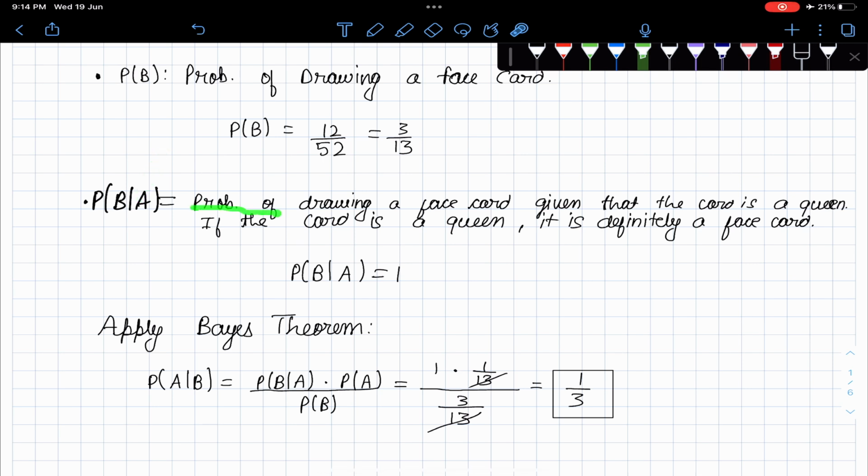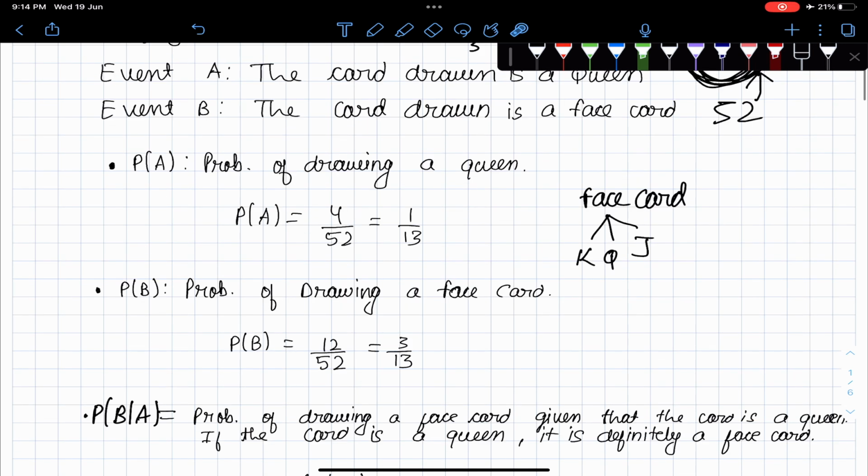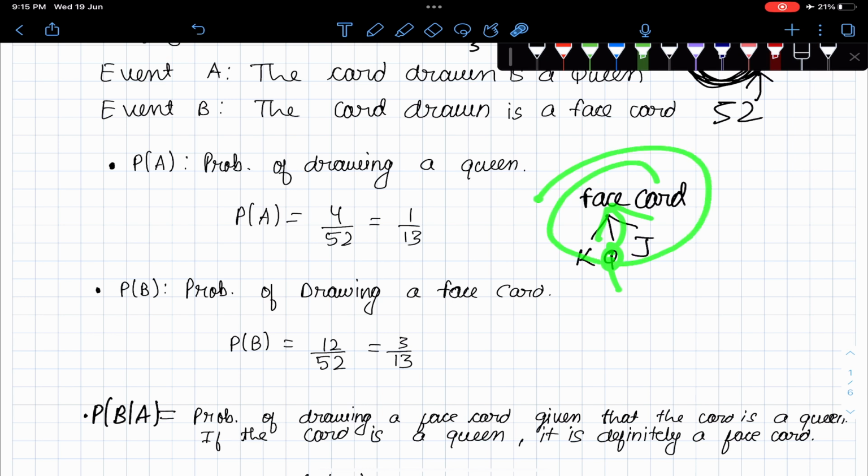If the card is a queen, then it is definitely a face card. In the face cards we have queen, and if it is a queen card, then it would be definitely a face card.